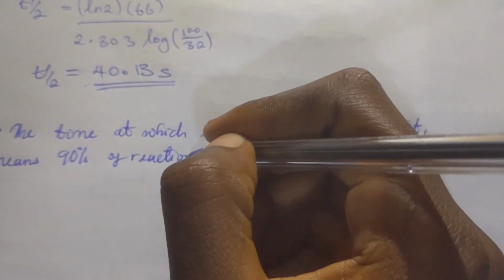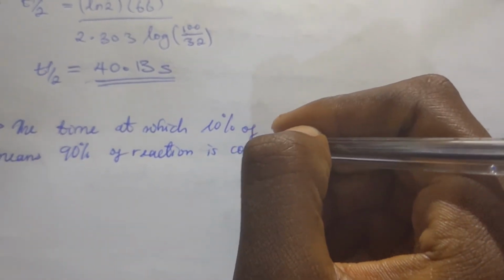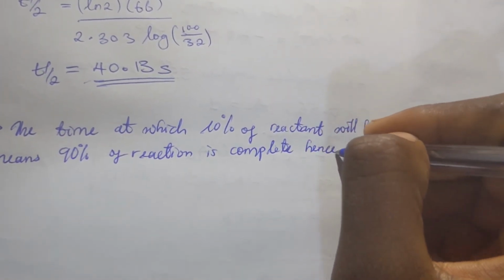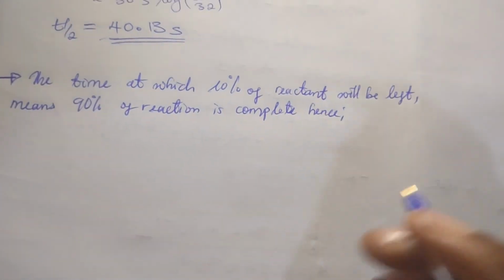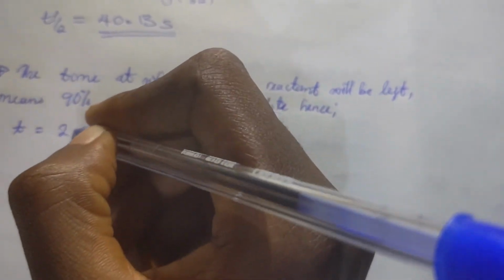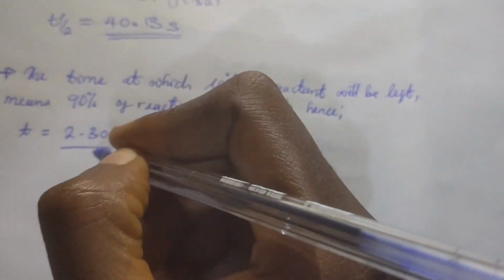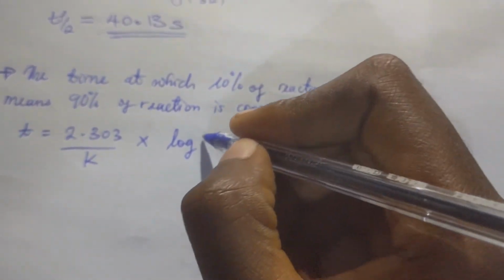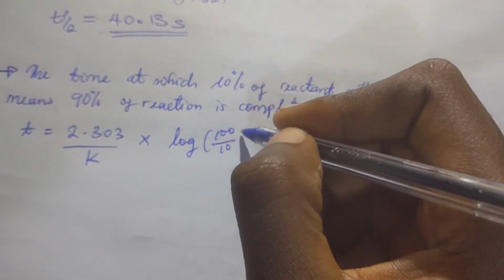Hence we will have our T following our equation. We have T equals 2.303 divided by K times log 100/10. We are talking of percentage here.